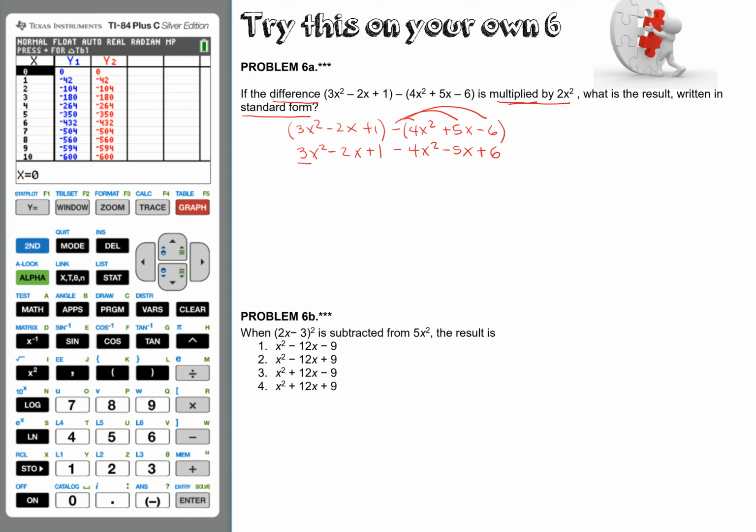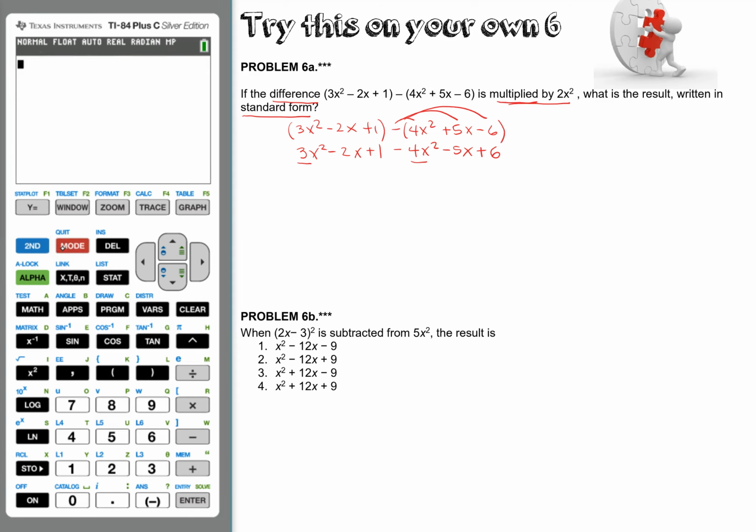We have 3x squared and negative 4x squared. So we have 3 minus 4, that gives me negative 1, so you have negative 1x squared. Then we have negative 2x and negative 5x.